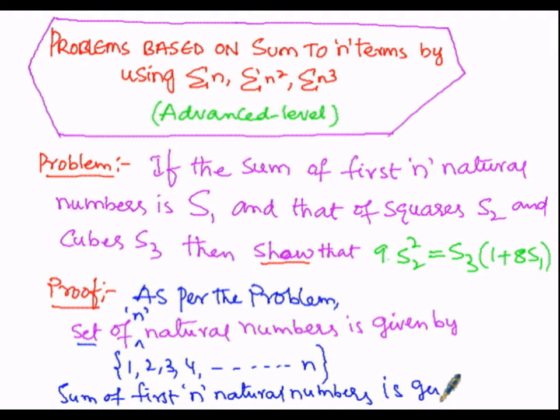is given by, as per the problem, S1. Then the next logical step: since we are going to find the sum, we have to add up all these terms. So 1 plus 2 plus 3 plus 4 up to n is given by means of S1. That implies we have to add up all the natural numbers up to n, that is 1 plus 2 plus 3 plus 4 plus and so on plus n is given by S of 1.